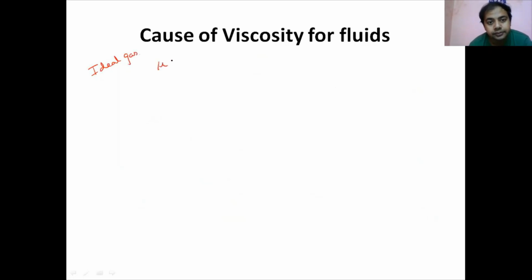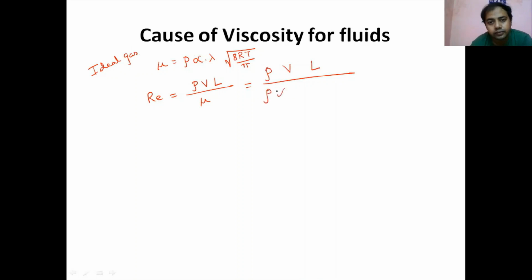So if your consideration is the ideal gas, your mu is rho times the mean free path times alpha times the square root of 8RT by pi. And your Reynolds number you can write down as rho V L by mu. So if you put the value of mu here, rho will be cancelled out.